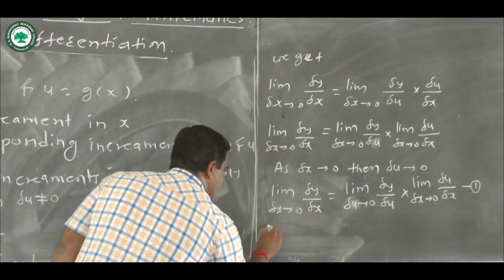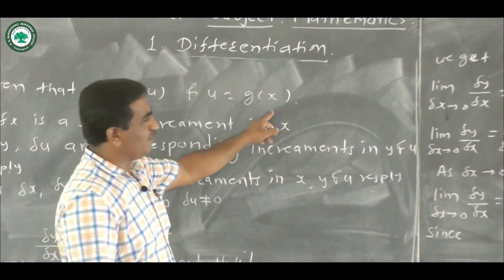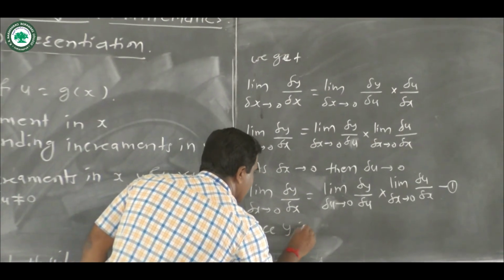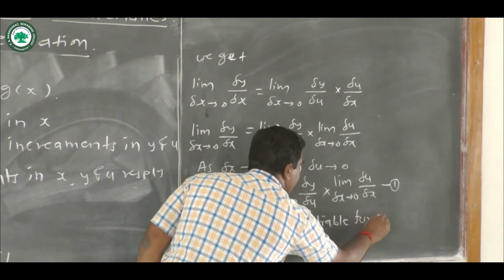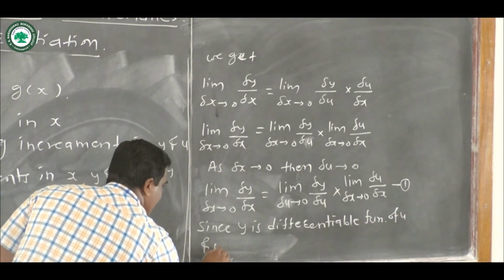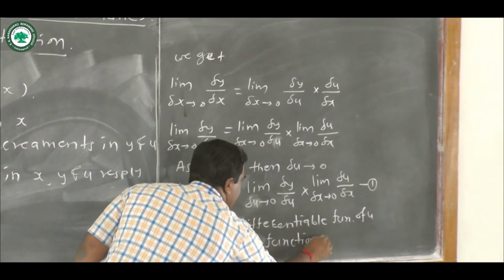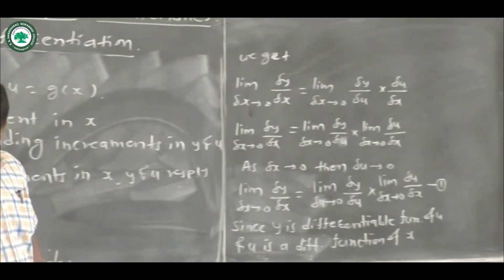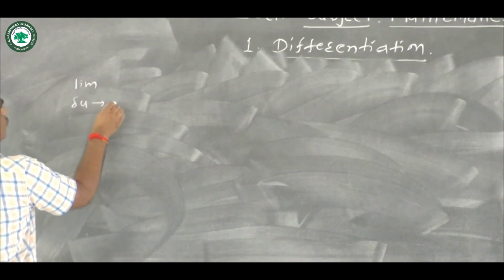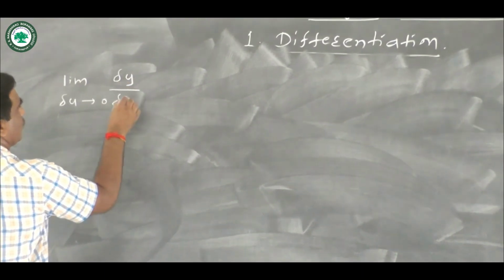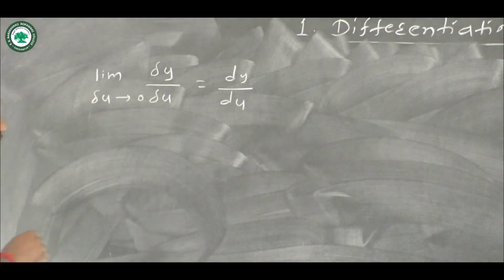Now given that y is a differentiable function of u and u is a differentiable function of x, then we can write here limit delta u tends to 0, delta y upon delta u exists and is finite, and this is equal to dy by du.